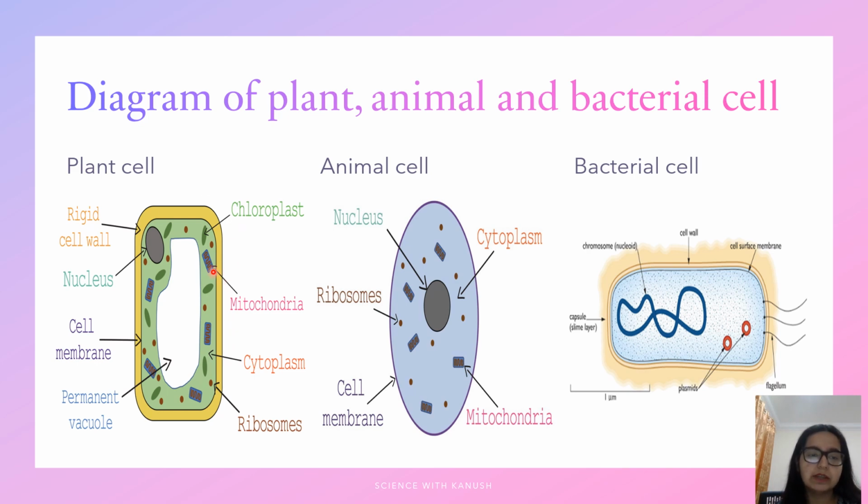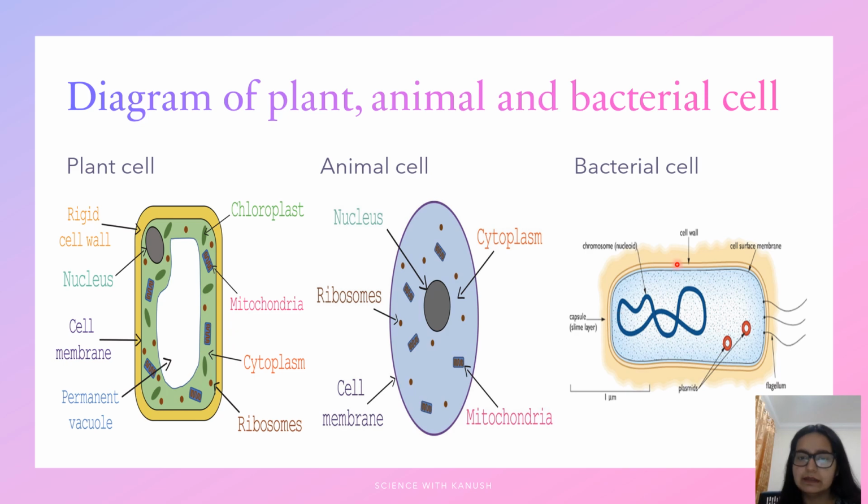And then we have mitochondria, we have cytoplasm, we can see ribosomes in the cytoplasm, and the permanent vacuole. We have the cell membrane, and in the animal cell we have the cytoplasm, nucleus, ribosomes. This is the cell membrane, and this is the mitochondria.